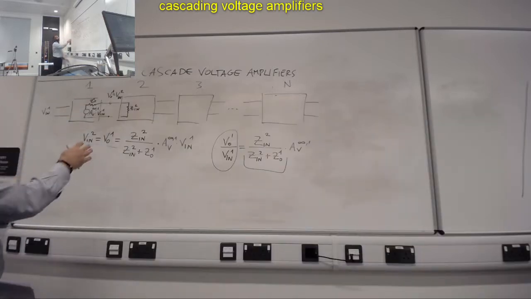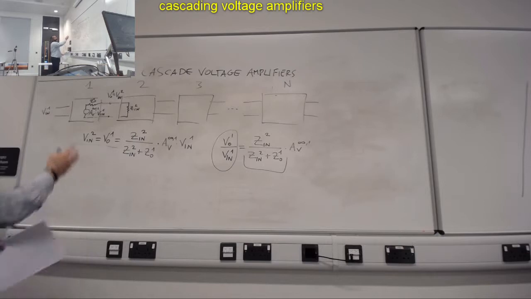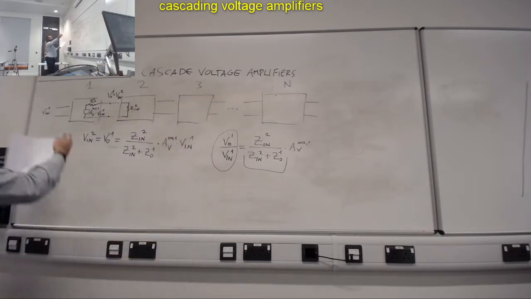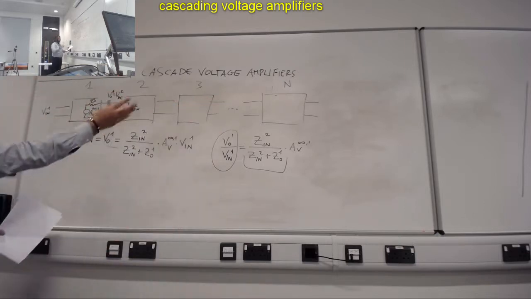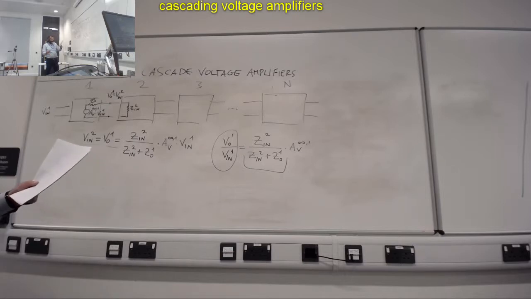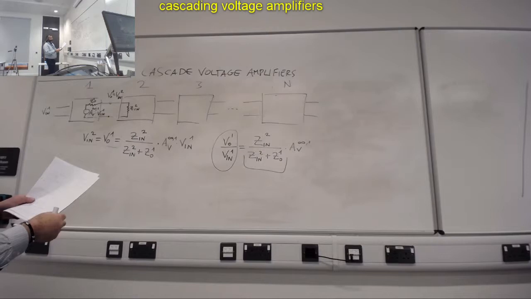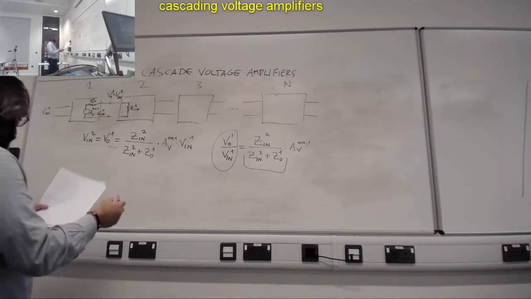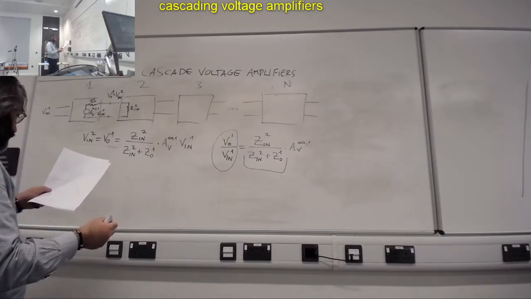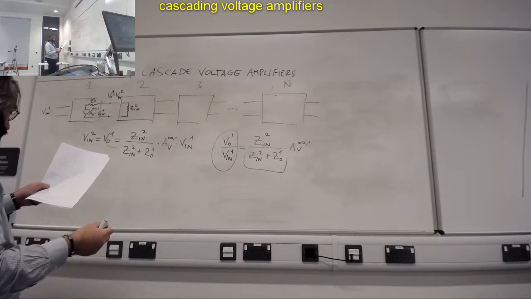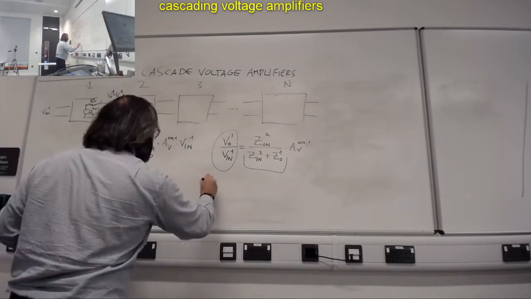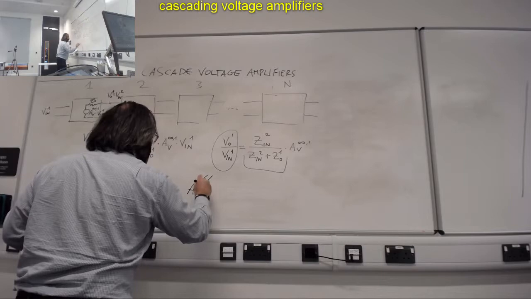And so in the end, if we imagine that these are all voltage amplifiers with similar models, we could write that, so we could call this AV of stage 1, for example.